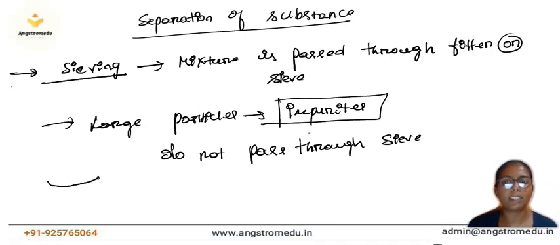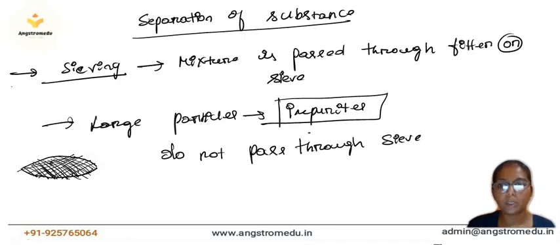For example, if we consider this is a sieve. If we pour the mixture over it, with large particles like this and small particles like this, then if we sieve the mixture, the small particles get separated out through the sieving mesh.